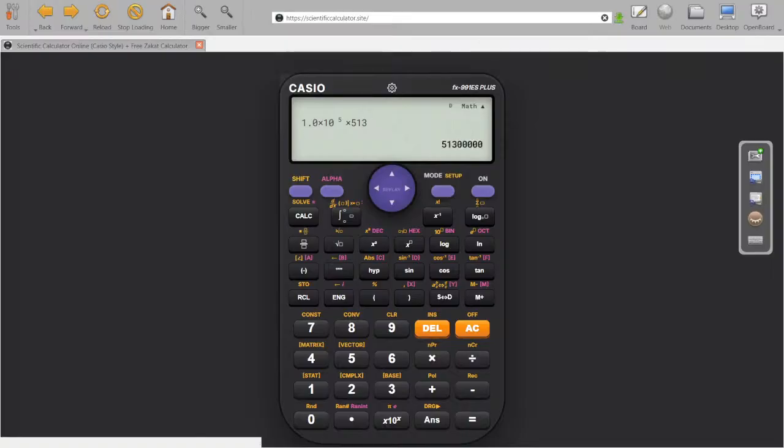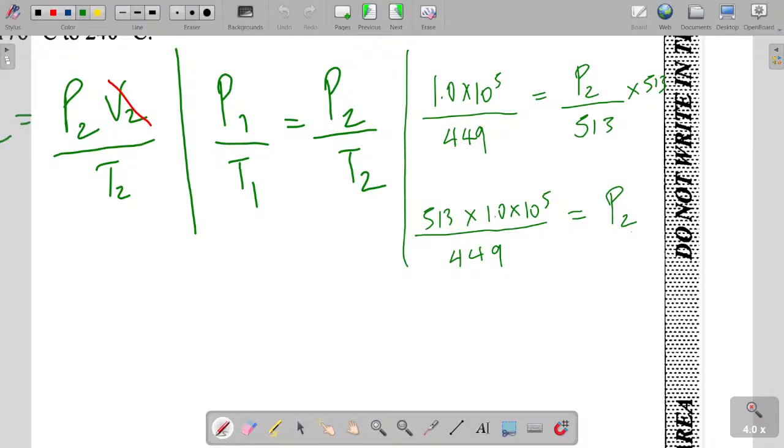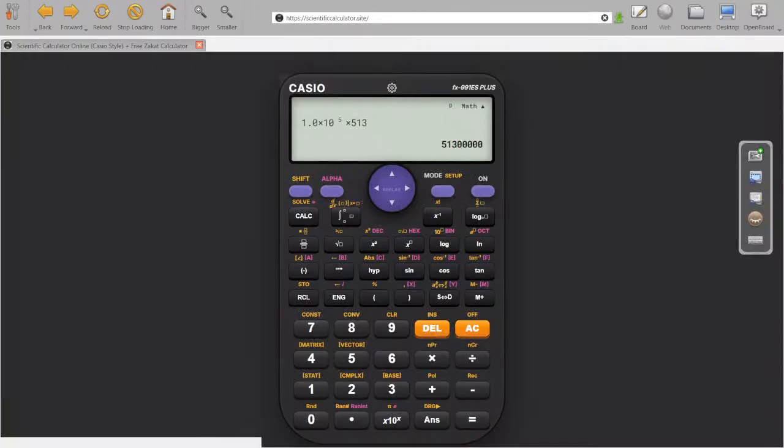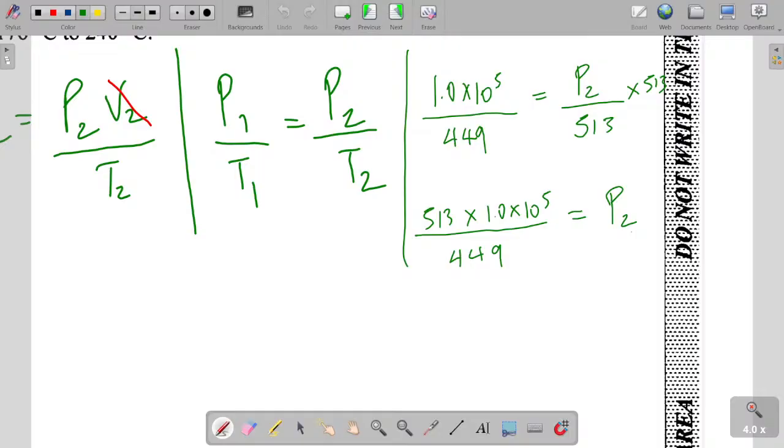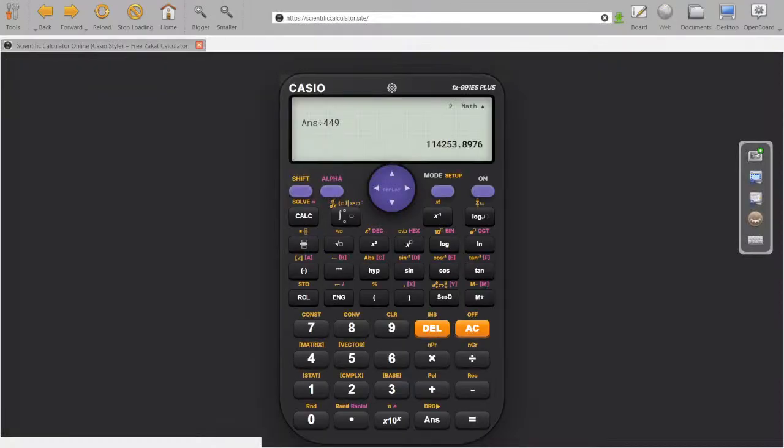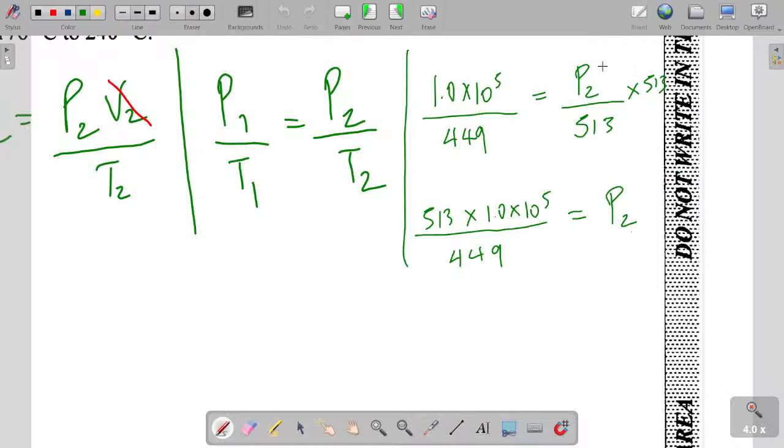That's what we get. Then we're going to divide that answer by 449, and our answer should be there. So it's 114,253 or 254.